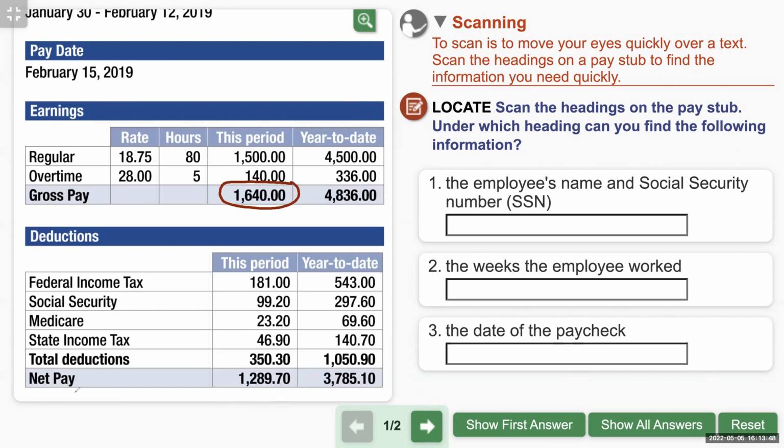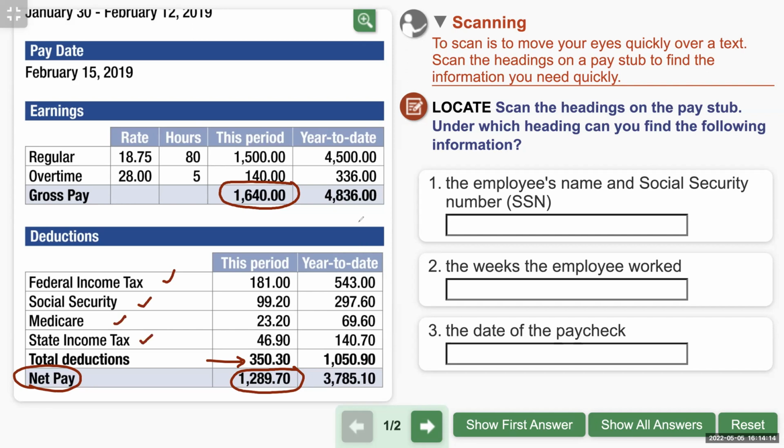Well, after taxes, her net pay is 1,289. So here, Sonia had to pay $350.30 to different things: federal income tax, Social Security, Medicare, and state income tax.